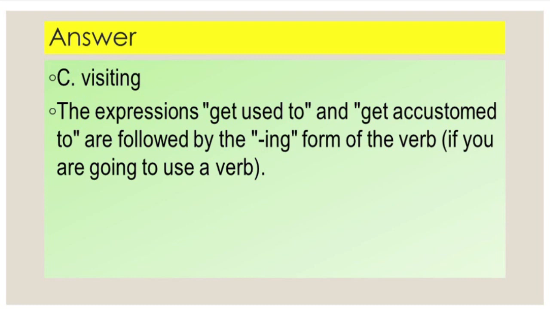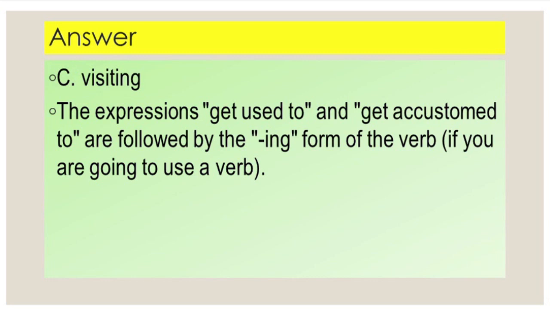Let's recall accustomed to. Accustomed to can also be get accustomed to. Get accustomed to is actually followed by the ing form of the verb. This ing form of the verb is also called present participle form. So if you are going to look at get accustomed to, in a deeper sense, it cannot be followed by a base form.